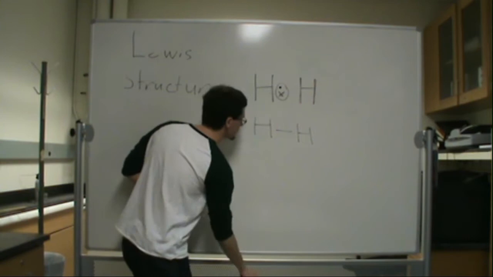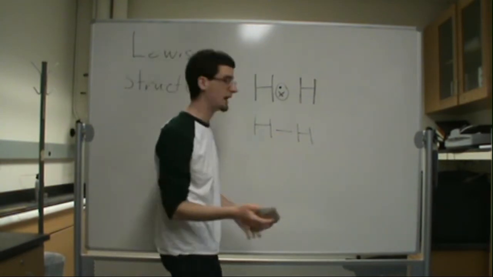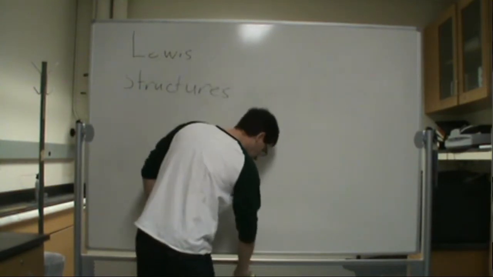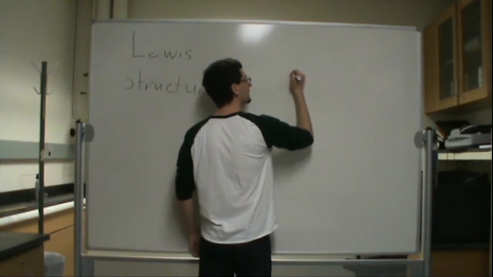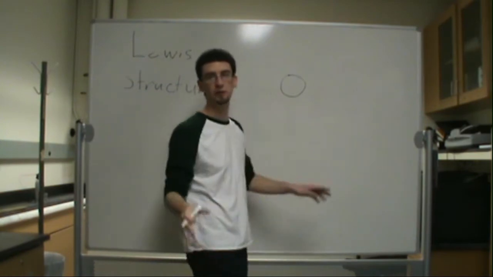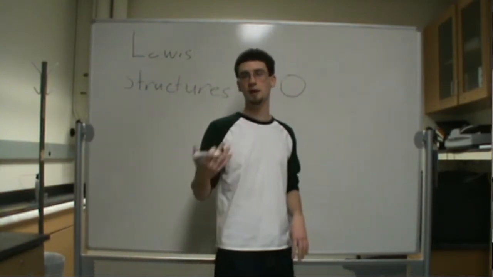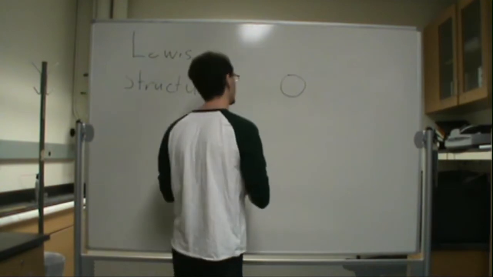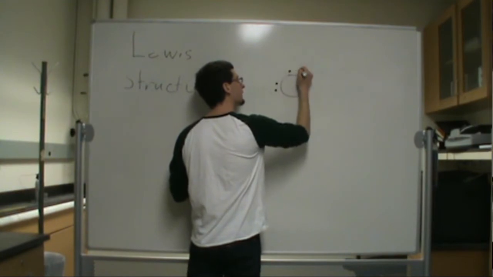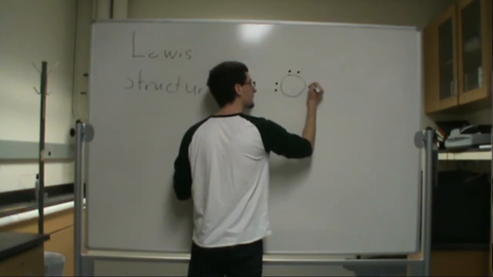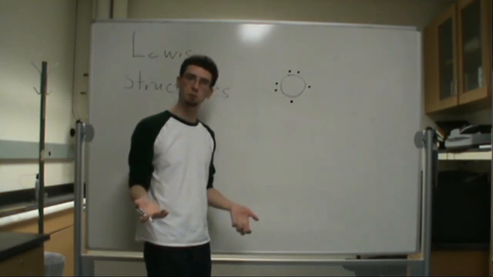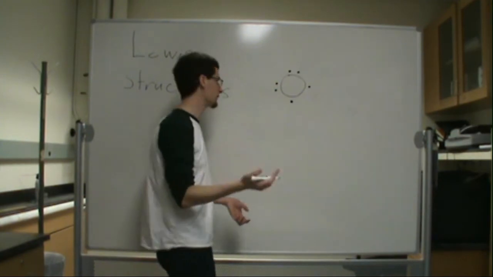Alright, let's move up to an example where we have to see an octet. Let's just look at simple water. We have an oxygen, and oxygen has 6 valence electrons. We don't care about the inner core shell electrons because normally they're not involved in bonding. Now what happens when the hydrogens come in?